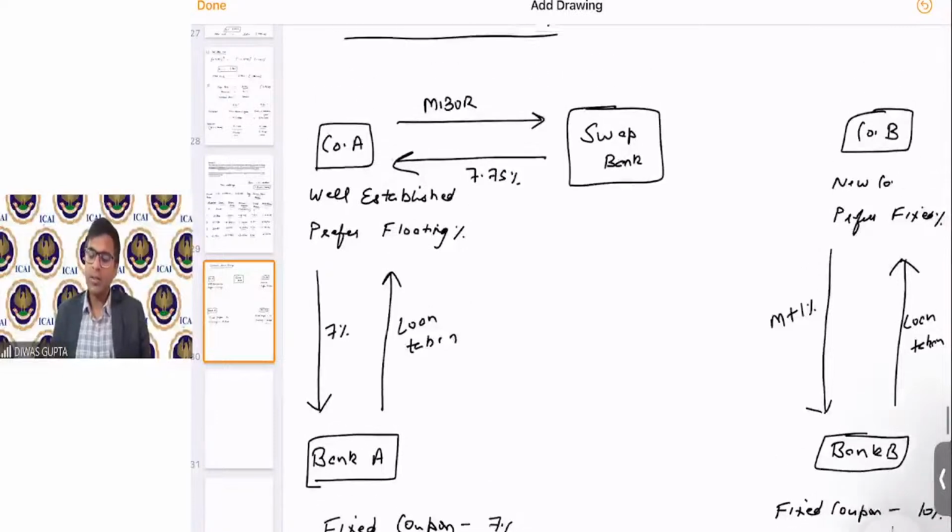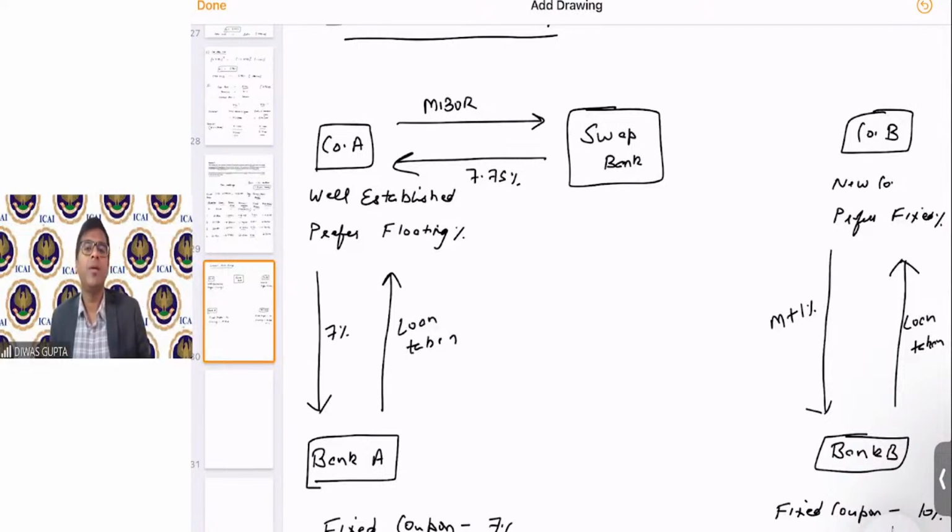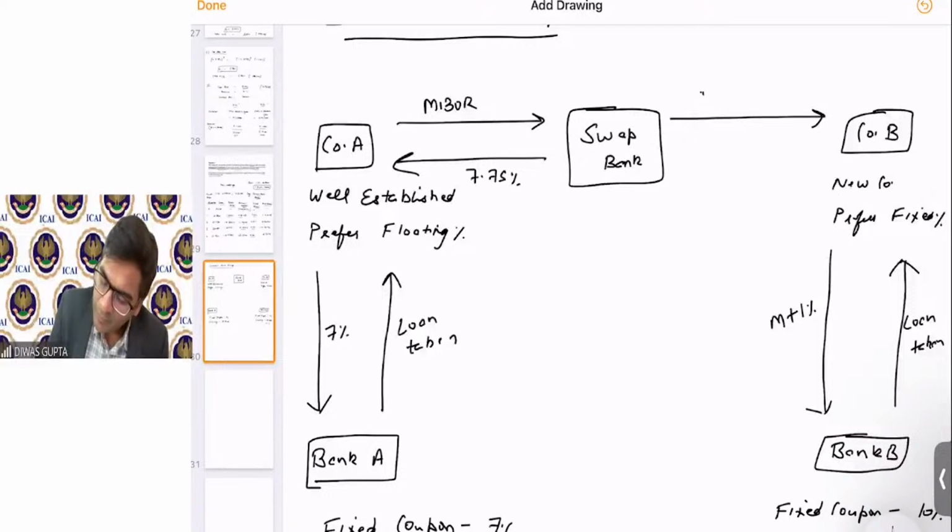The exact calculation. Okay. Now, from Company B's perspective, since Company B did not prefer to borrow in floating but ends up borrowing in floating, Swap Bank says that I will do one thing. I will pay you MIBOR. I pay you MIBOR, whatever that MIBOR is.